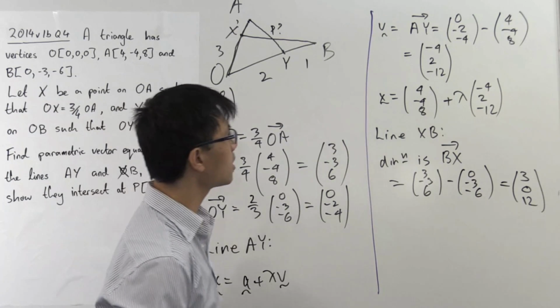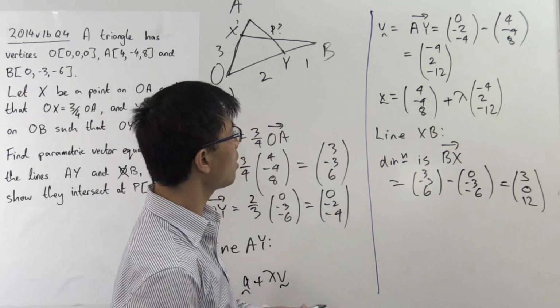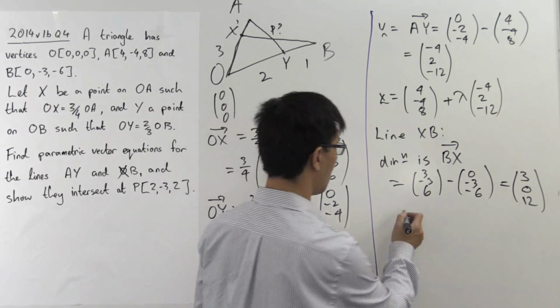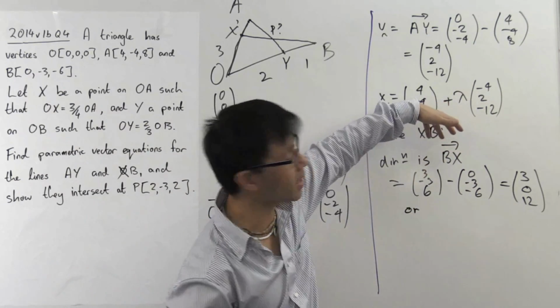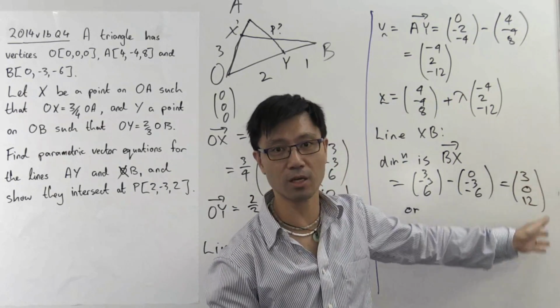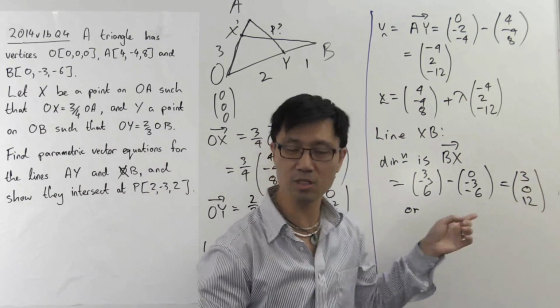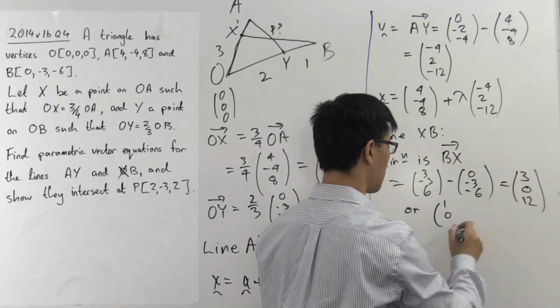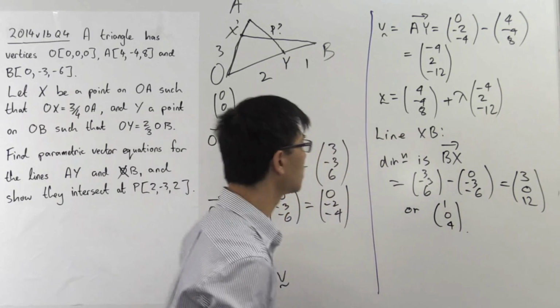So just some things that, if you want, you can do to simplify the calculations. Remember, you can pick any direction vector. So if you want to simplify your algebra, you can divide this by 3. It's a parallel vector, so the direction is the same. Or (3, 0, 12) divided by 3 gives you (1, 0, 4). Okay?